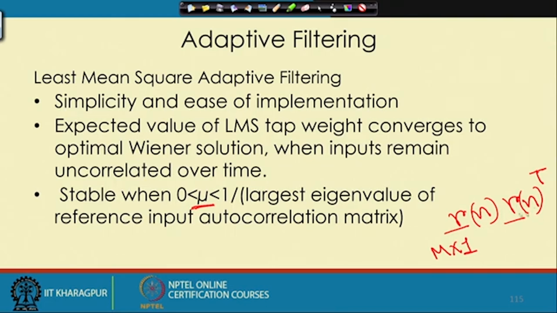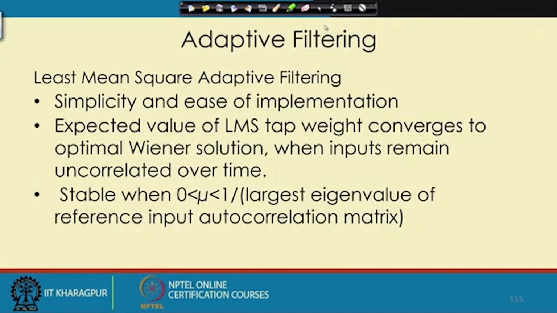To get the autocorrelation we need to take the expectation of this, and if we compute the eigenvalues of this matrix, mu should be less than 1 by the largest eigenvalue of this matrix. That is necessary for the stability of the LMS algorithm. Otherwise, the LMS algorithm will never converge.